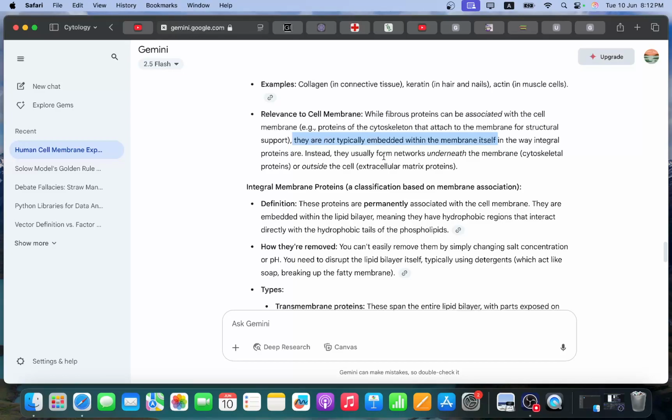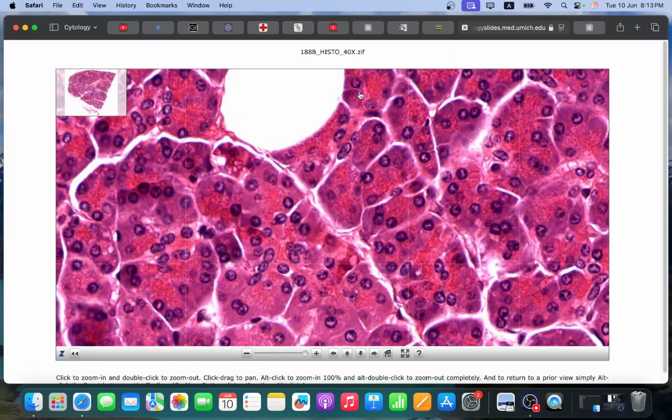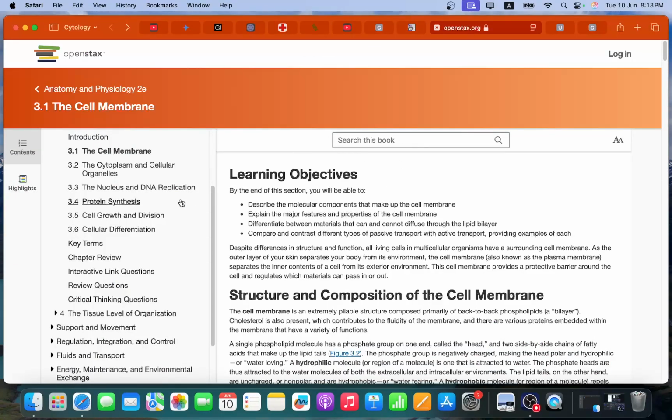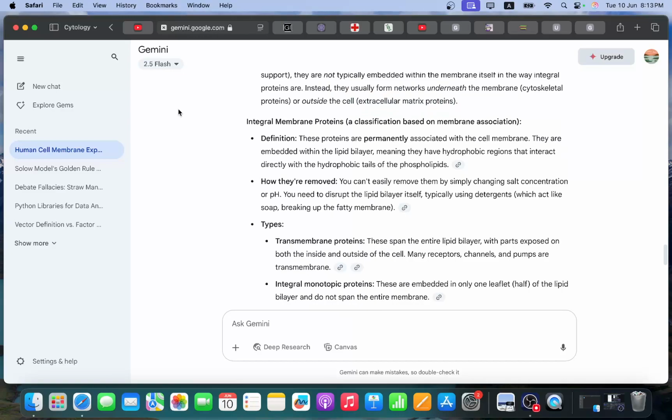Unlike integral proteins, they usually form networks underneath the membrane, skeleton proteins, or go outside the cell, extracellular matrix proteins. So I think what I am going to do is leave it up to this. I think this would eventually answer this particular question or solve this conundrum.